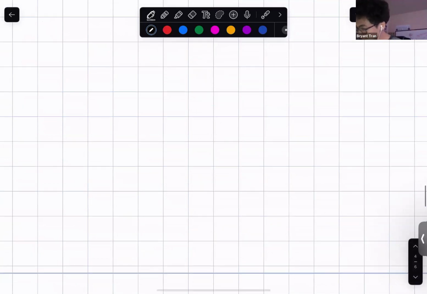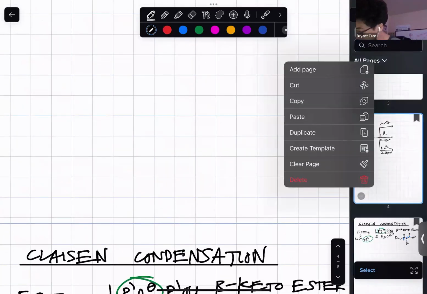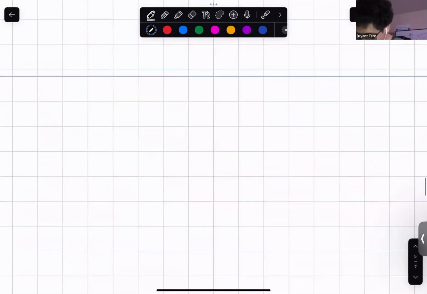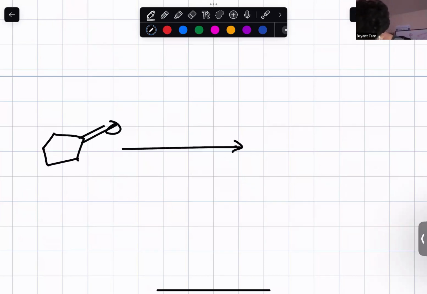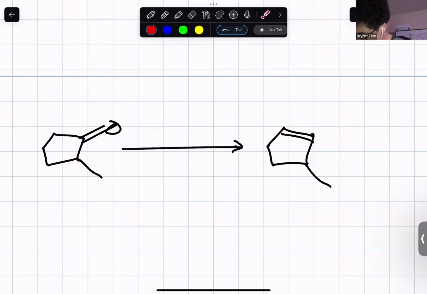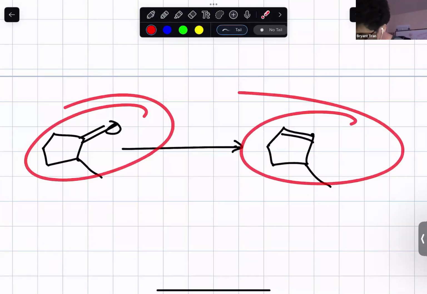Okay, before we move on to the mechanism, let me create a very quick synthesis problem for Kelly to try out using these reactions here. Let's do that. Boom.